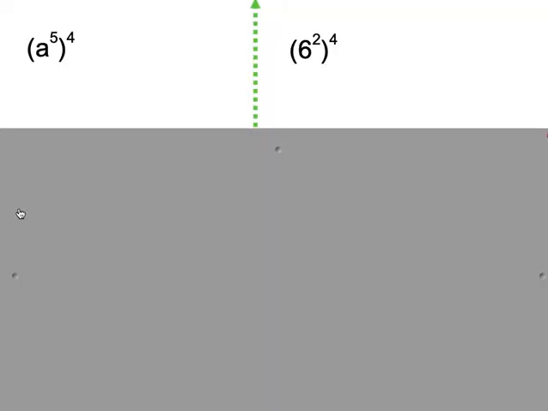Let's look at a few. A to the 5th to the 4th. Now you can just do this on dry erase or on a piece of notebook paper. I see power to a power. So this is really saying 4 sets of 5. 5 times 4 is 20, so we get a to the 20th.